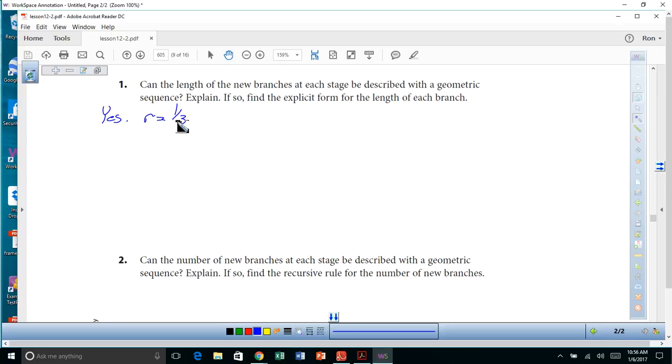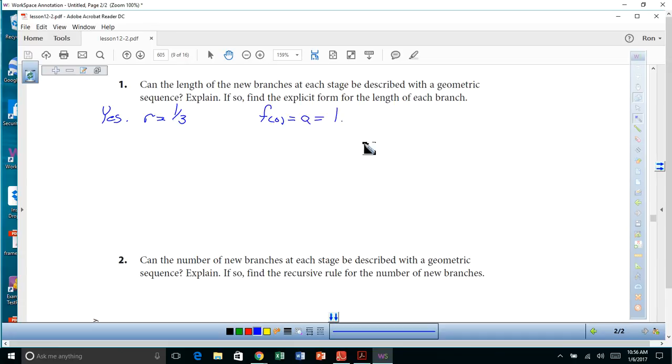The initial value, f of 0, well, that's a in the formula, equals 1. Here the domain is all whole numbers since the first stage is 0.